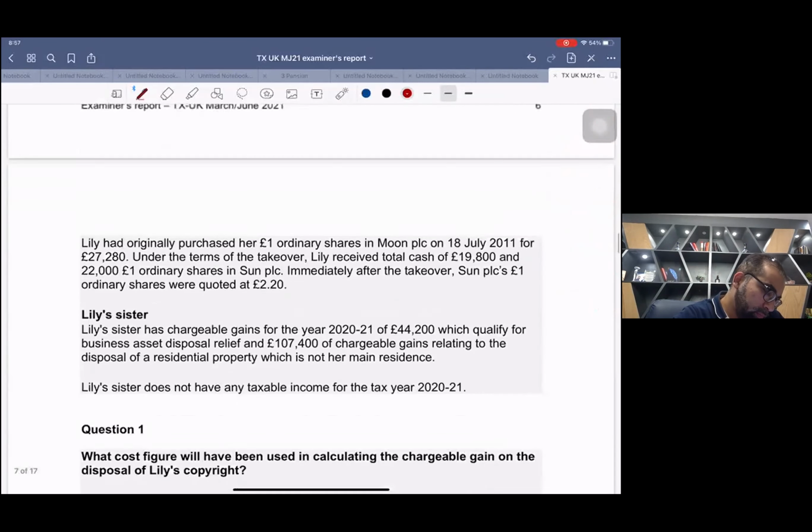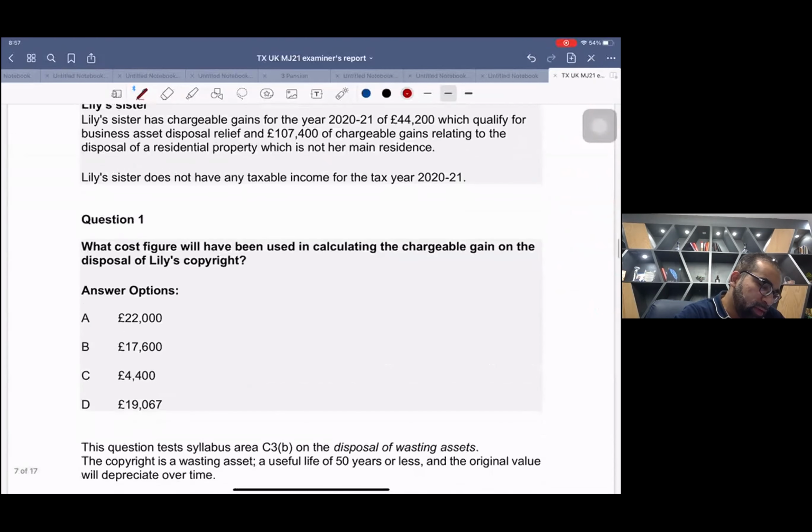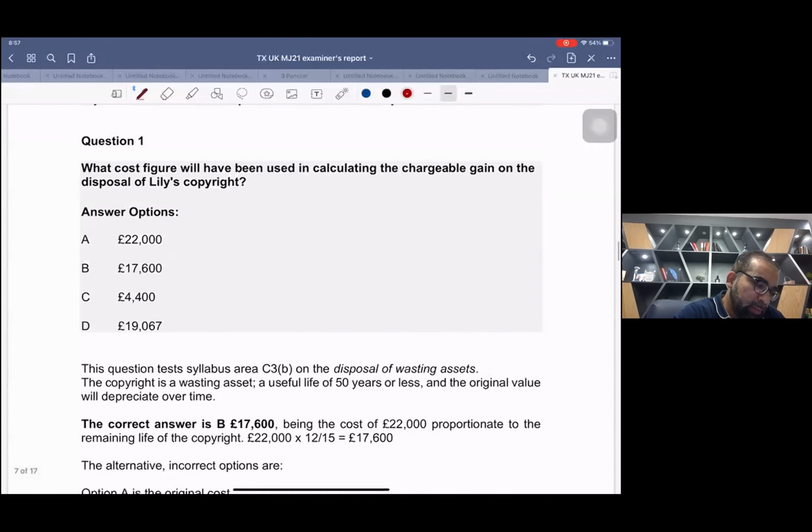Please have a look. What cost figure will have been used in calculating the chargeable gain on the disposal of Lily's copyright? Don't sleep. The answer is 17,600.